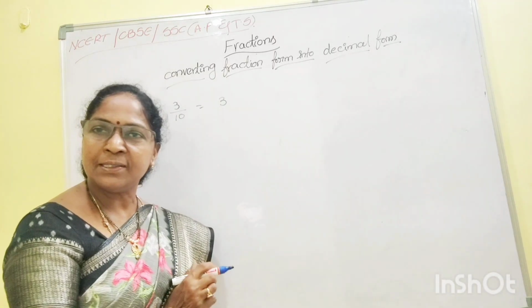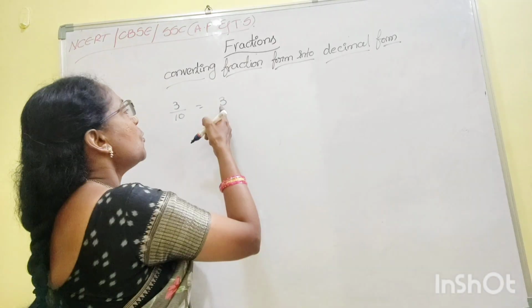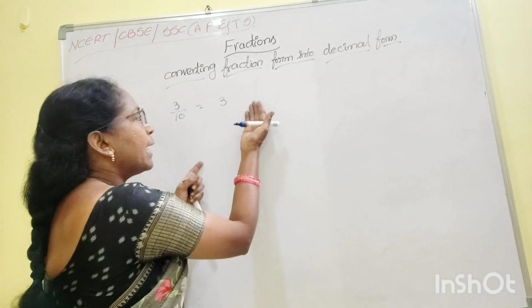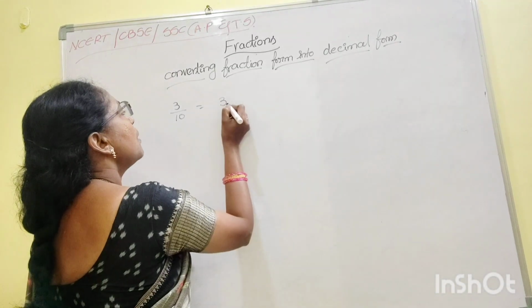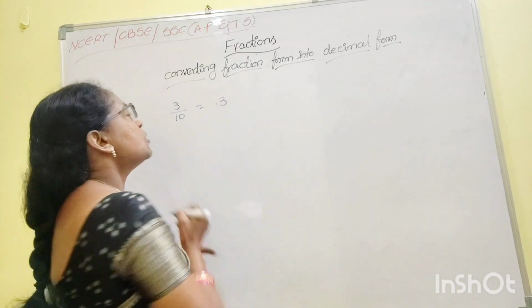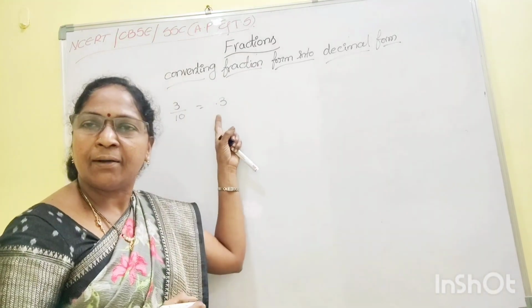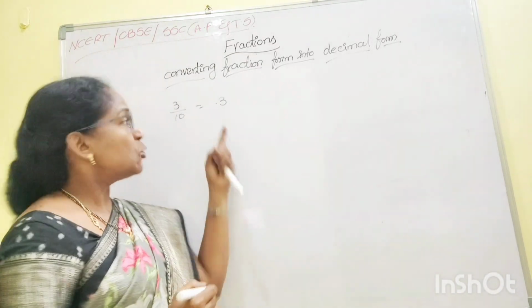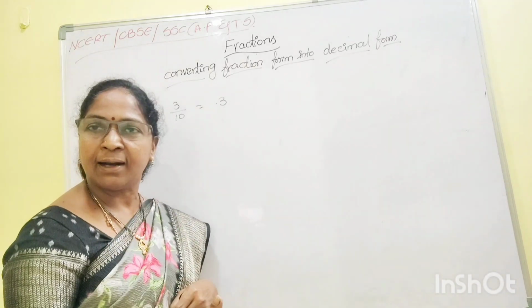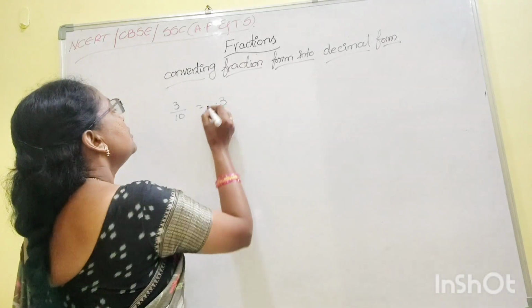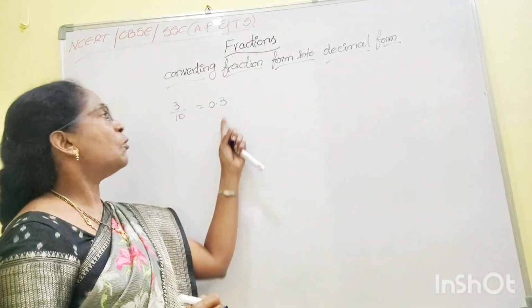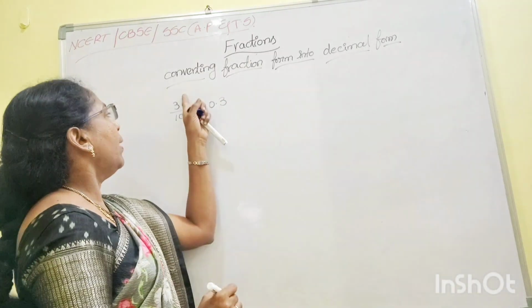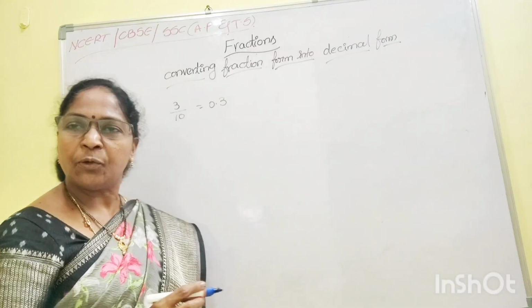Here how many zeros are there? 1 0. So 1 zero means from the right side of the number count 1 digit, after that you have to put the decimal point. So only one number is there. So before 3, you just have to put the decimal point. Before the point any other number is not there. So what you have to do? You write 0. So what is the equivalent value? 0.3 is the answer, where 3 by 10 equals 0.3.